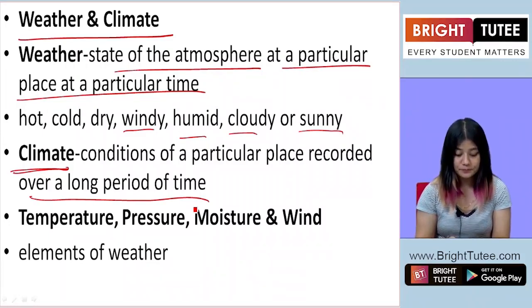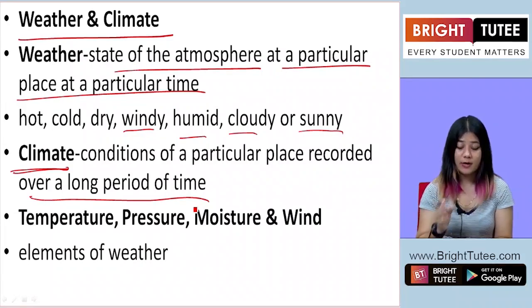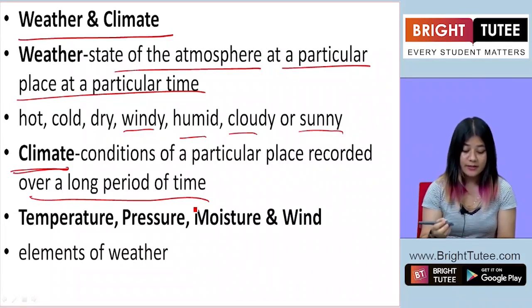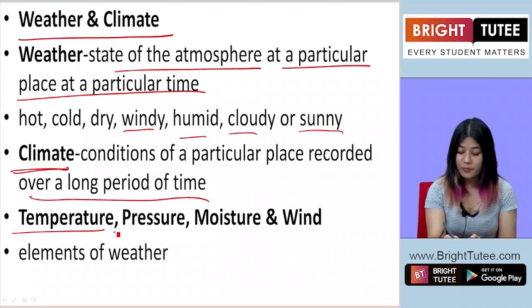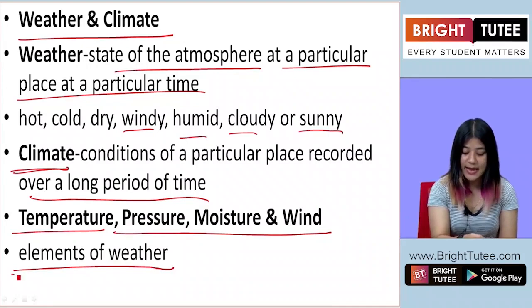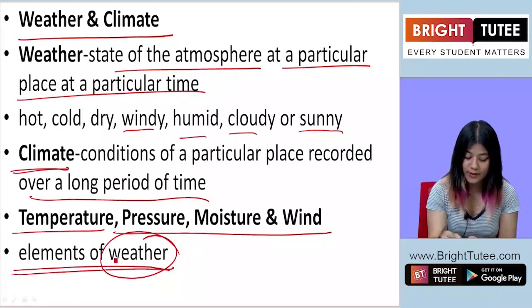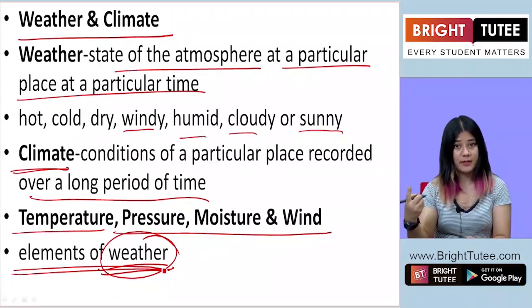Okay. Now other components of air or atmosphere are temperature, pressure, moisture and wind. These are also important elements of the air and important elements of the weather. So we have been talking about weather, right?